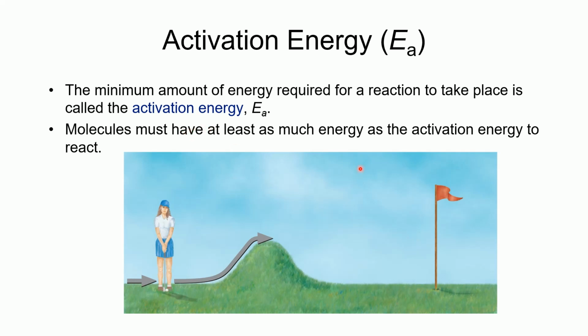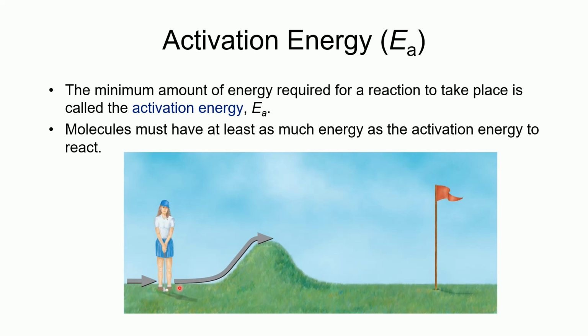Now, as an analogy, and this is an incomplete and not perfect analogy, so don't try to take this too far. But as an analogy, here we've got a golfer, and the golfer wants to hit the ball into the cup. Well, in order to hit it into the cup, she's going to have to hit it up over the hill.